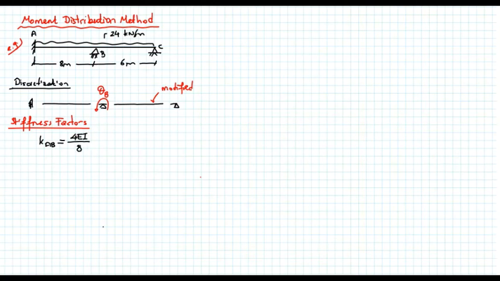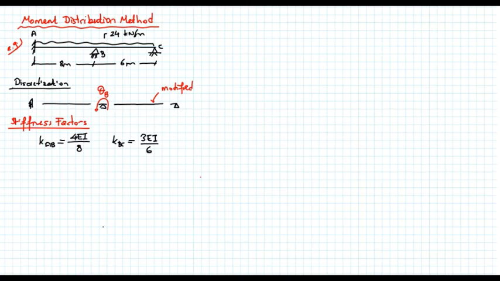Now, I ask the same question for member BC. I'm doing moment distribution at B, looking at the far end condition. Is it free to rotate? The answer is yes. So the stiffness factor for member BC is equal to 3EI over L, which is 6 for this case. So we have the stiffness factors.